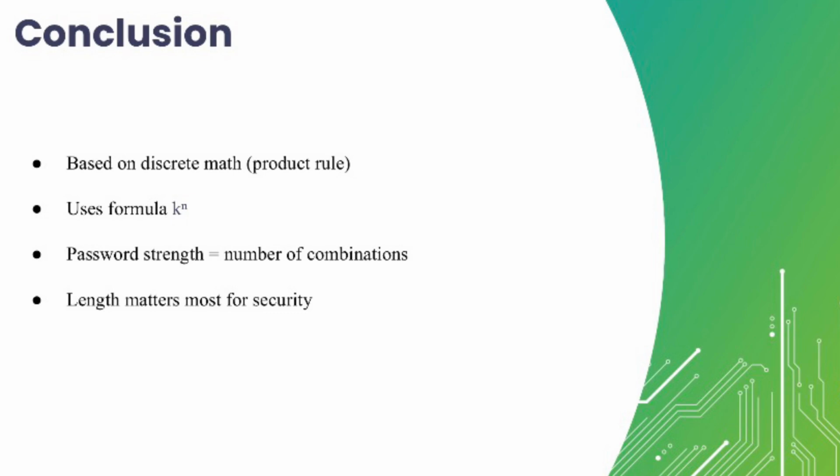We also saw that increasing the length of a password has a greater effect on security than just increasing complexity, because it increases the exponent in the formula. Therefore, we can conclude that password strength is not just a computer science idea, it is a real-world application of discrete mathematics.